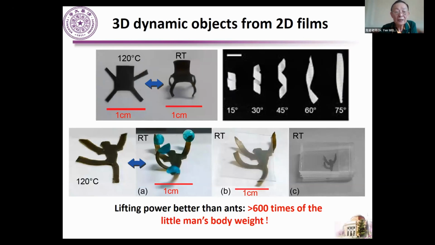Once we heat it up and cool it down, you can see the chair leg going up and down, and the chair back going up. You can make all kinds of things. That's shape memory, and you can make a weightlifting man lifting a heavy weight by changing temperature or shining light on it.